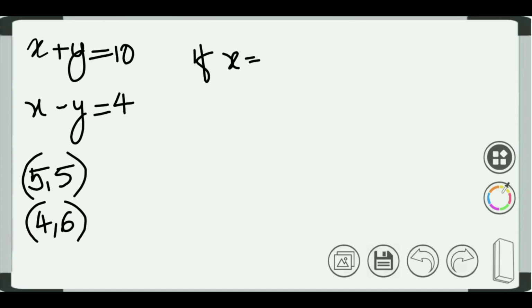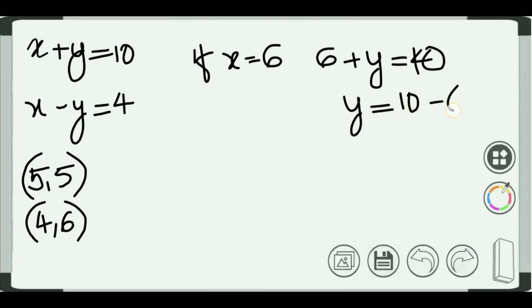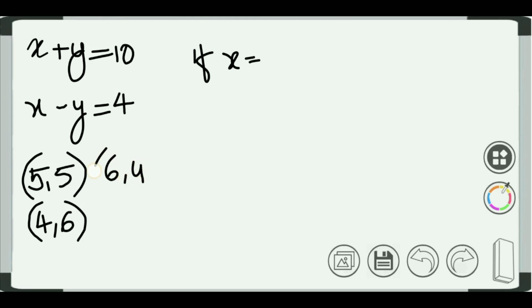Now I am taking the reverse. I am taking x as 6. You can take any value whichever you want. So what is y? 6 plus y is equal to 10. y is equal to 10 minus 6, which is equal to 4. So another point is x is equal to 6, y is equal to 4. I can write it like this: 6, 4. Now I got 3 points for equation number 1.